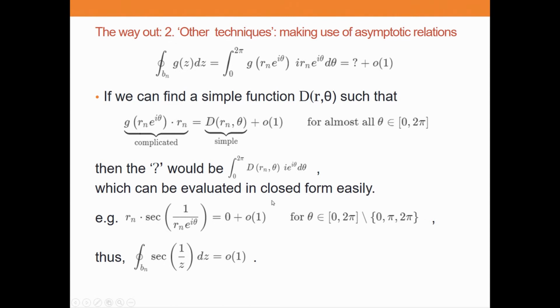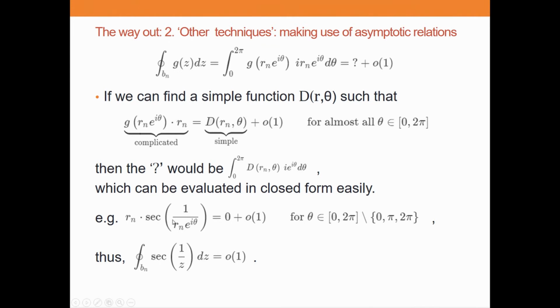The basic idea is that if we can find a simple function g that is asymptotically equal to this integrand for almost all theta, then we can find the question mark to be this integral, which can be evaluated in closed form easily.